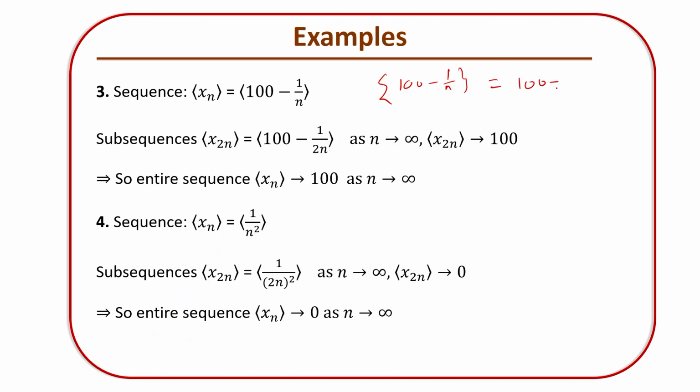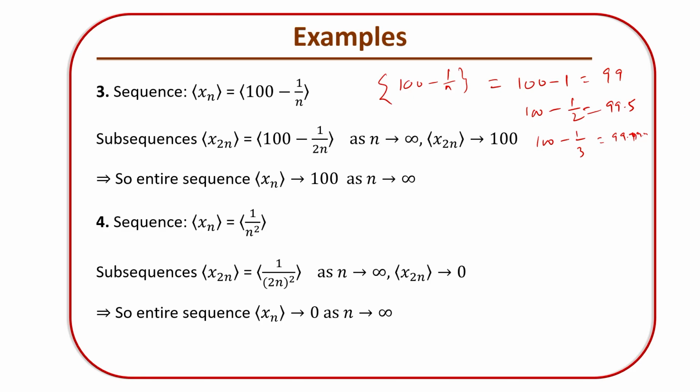The first term is 100 minus 1, which is equal to 99. The second term is 100 minus a half, which is equal to 99.5. The third is 100 minus 1 by 3, which is 99.67 and so on.